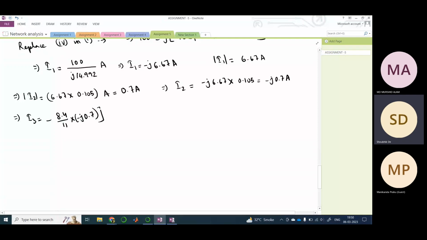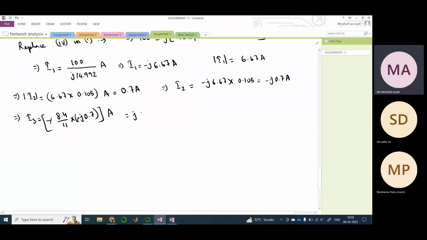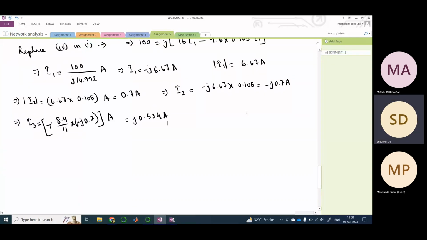And this whole is 15. So again, 8.4 into 0.7 by 11 is how much? 0.534. Okay. So we have got the values of I1, I2, and I3.